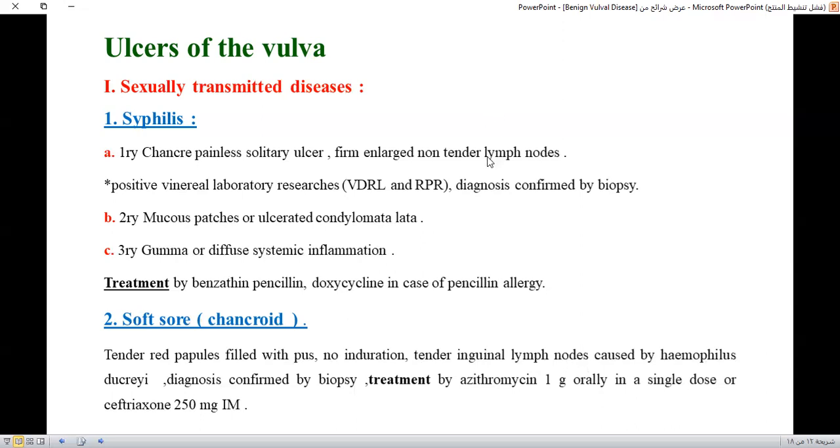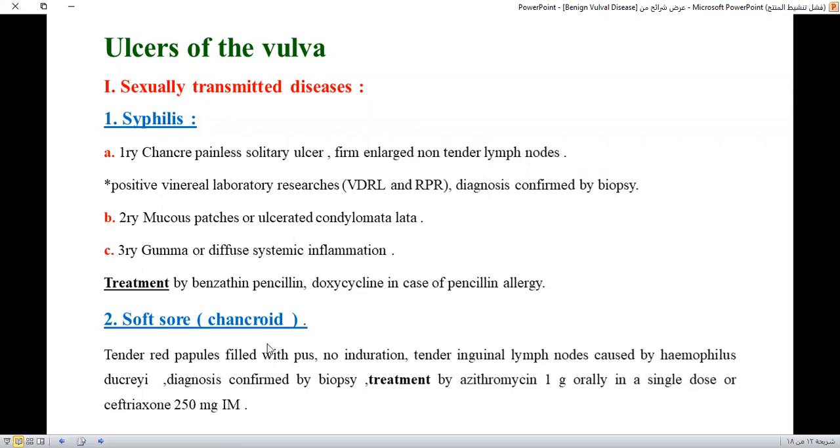Here the lesion is tender, while in the primary chancre of syphilis it is a painless solitary ulcer, and the lymph node is non-tender. Chancroid is caused by Haemophilus ducreyi. Diagnosis by biopsy, treatment azithromycin 1 gram orally in a single dose or ceftriaxone 250 milligram intramuscularly.